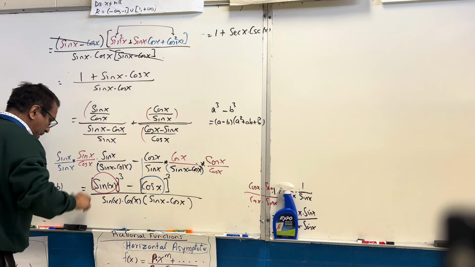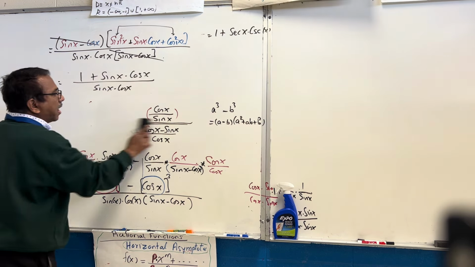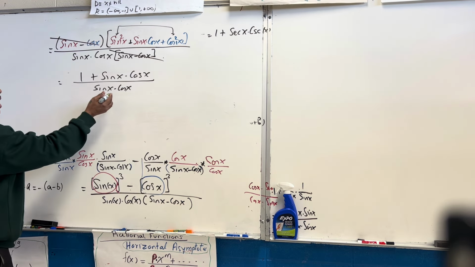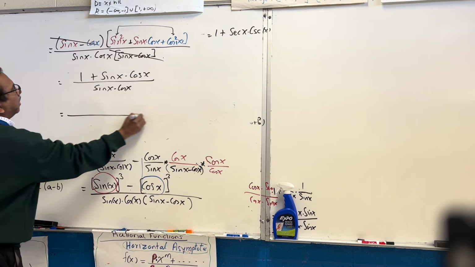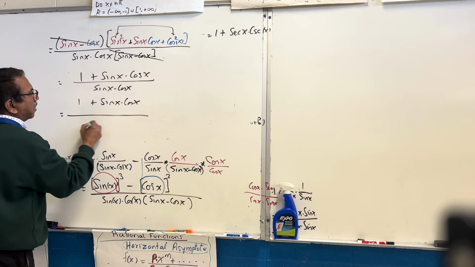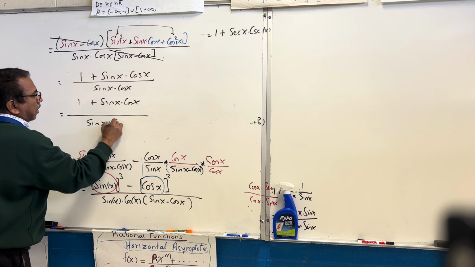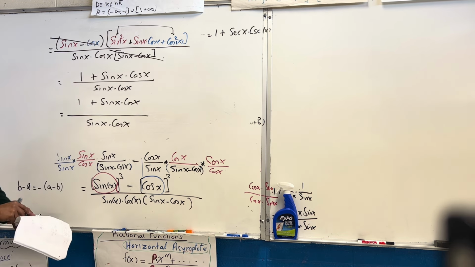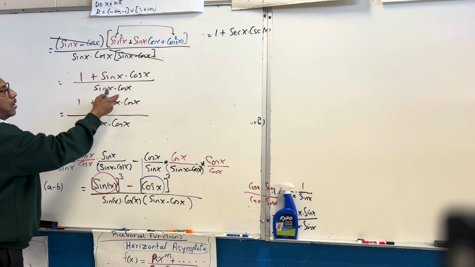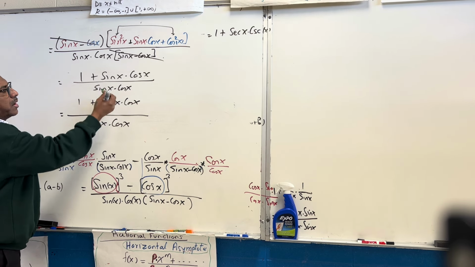Right? And then if you want to get the right side, best is we divide all three terms by sine x cosine x, because we need to have no sine x cosine x in the denominator.